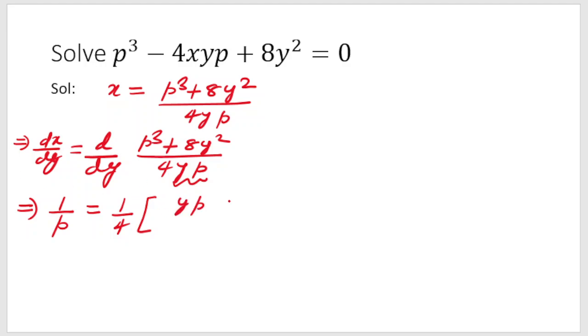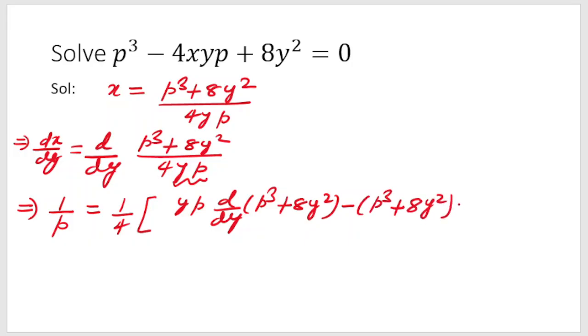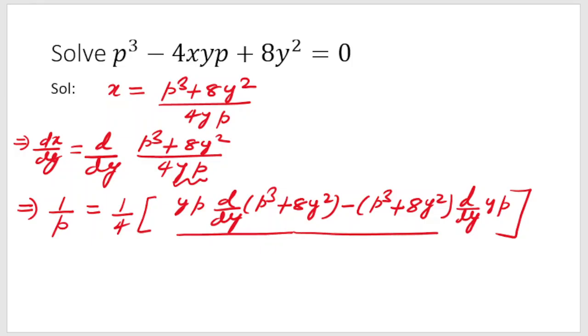So I will write yp d by dy of (p cube plus 8y square) minus (p cube plus 8y square) d by dy of yp, and the whole thing will be divided by y square p square.